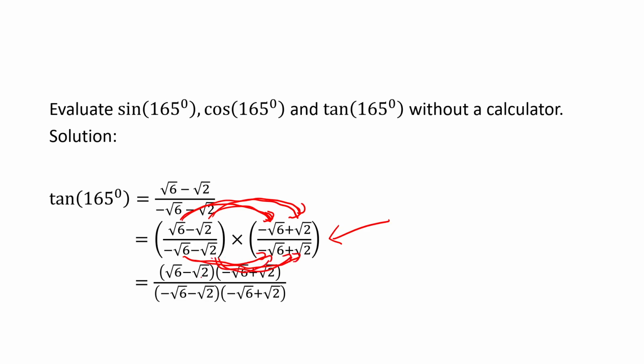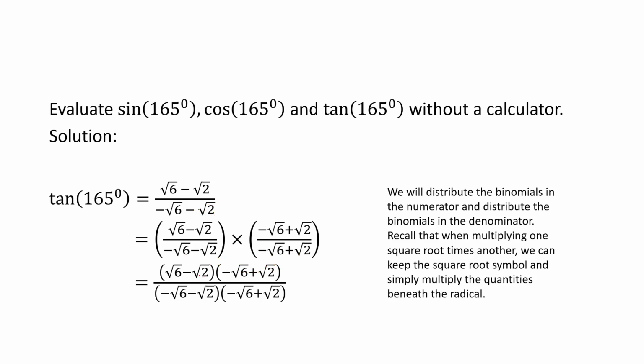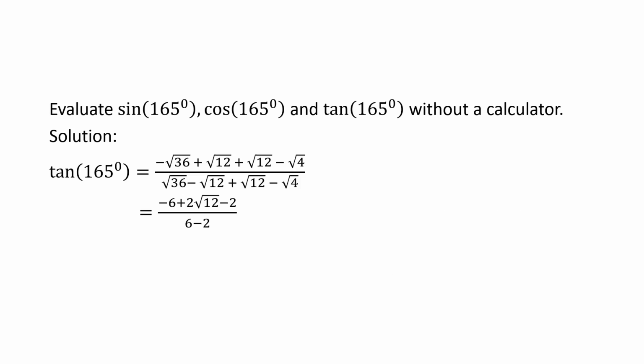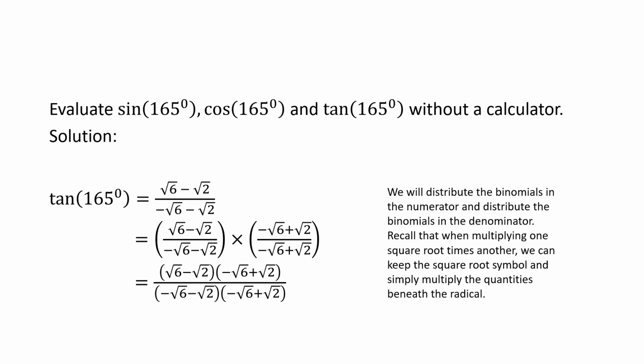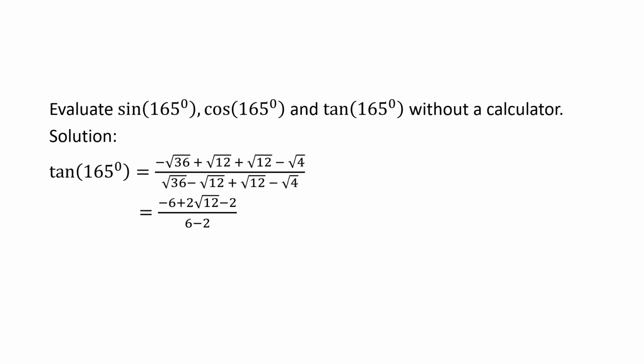Now, we recall here that when we multiply one square root times another, we can keep the square root symbol and simply multiply quantities beneath the radical. So when we multiply root 6 times negative root 6, for instance, we'll get negative root 36, and on and on. And we'll continue, distributing the way we showed earlier.